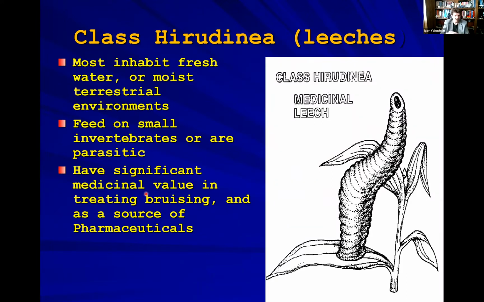That particular protein, nowadays we are able to synthesize it, and we use it to prevent blood clots, etc. And whenever we're treating bruising or anything like that, that's a source of pharmaceuticals. A single leech can increase literally 4-5 times its size, fed or unfed.